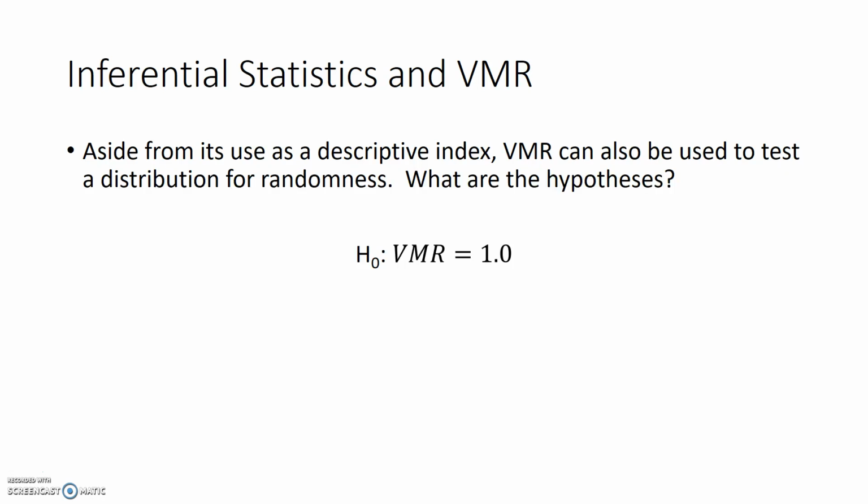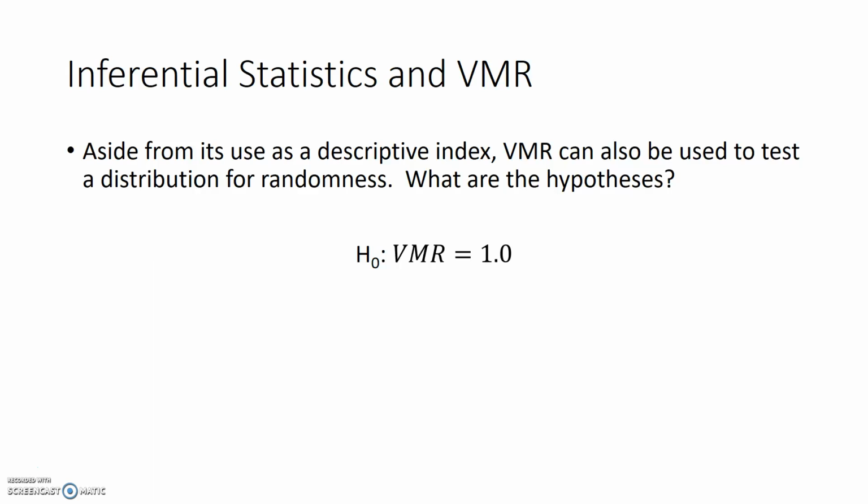So if random is represented by 1, we want to set our VMR equal to 1 because we want our null hypothesis to be the thing we try to reject. And by rejecting a null hypothesis of a VMR of 1, we're saying it's a distribution that is different from random. So it's a non-random distribution.